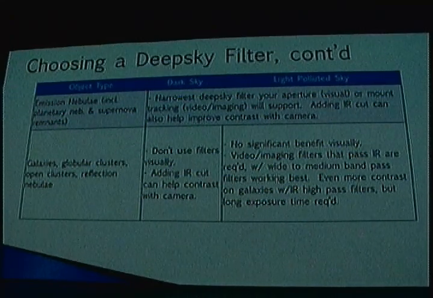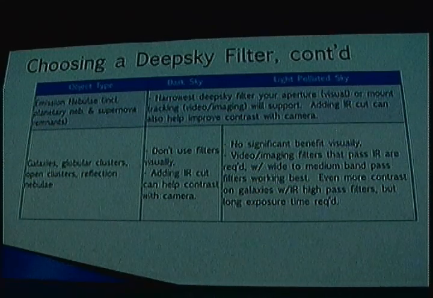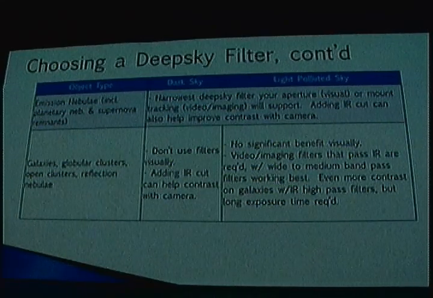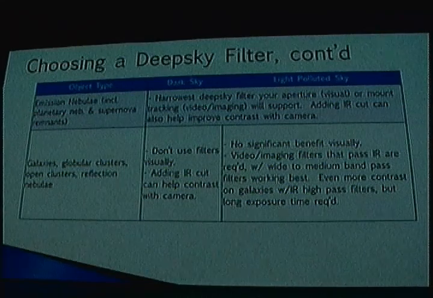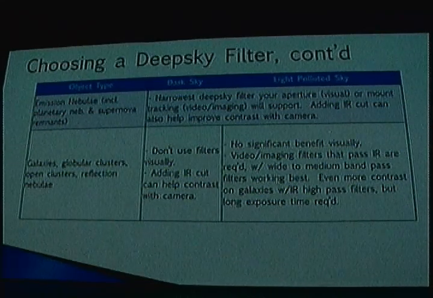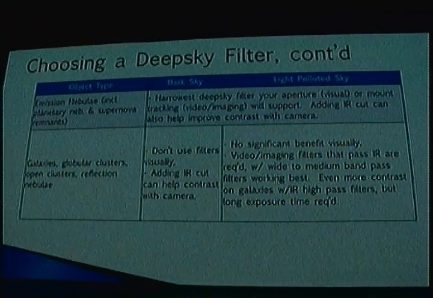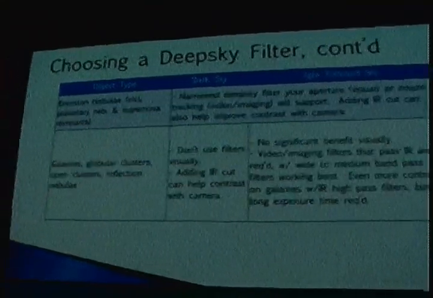Now, if you are using a camera, whether it's a video camera or an imaging camera, to look at a galaxy or a reflection nebula, etc., then a filter can help. Your best bet is to use a filter that has pretty good response to infrared and is also in the medium to wide broadband range.